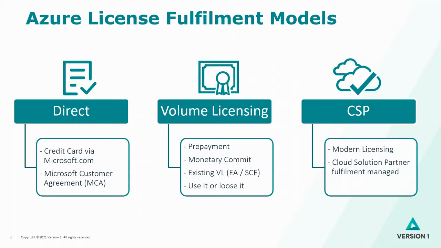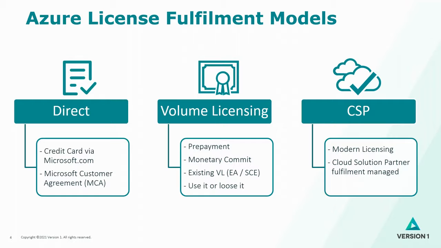So CSP shouldn't really be viewed as a traditional licensing vehicle. It should be viewed as a licensing vehicle that gives you an opportunity to gain access to enhanced support capabilities from a Microsoft partner that has a certain level of capability.